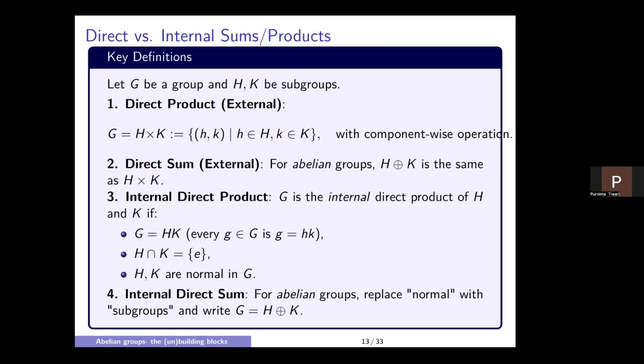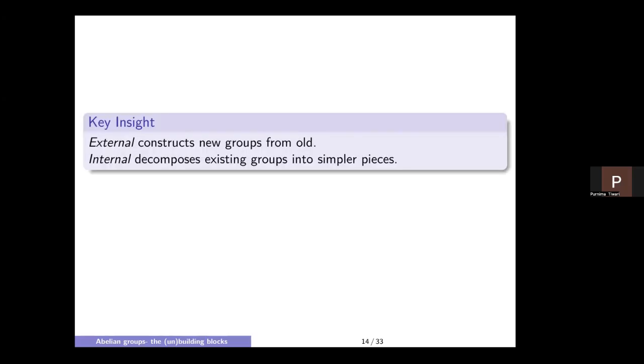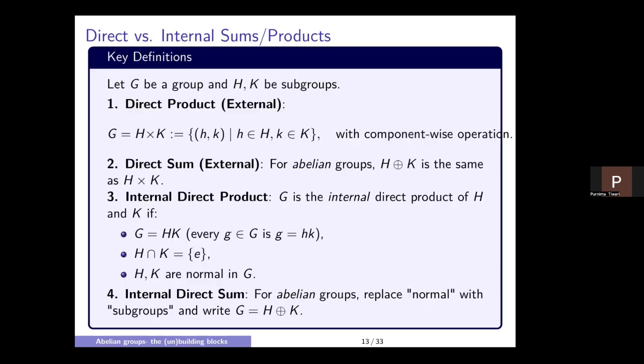a group G can be expressed as the internal direct product of H and K, being its normal subgroups, if each element in G can be expressed in a unique way in the form hk, where h belongs to the normal subgroup H and k belongs to the normal subgroup K. External constructs new groups from old and internal decomposes the existing groups into simpler pieces.